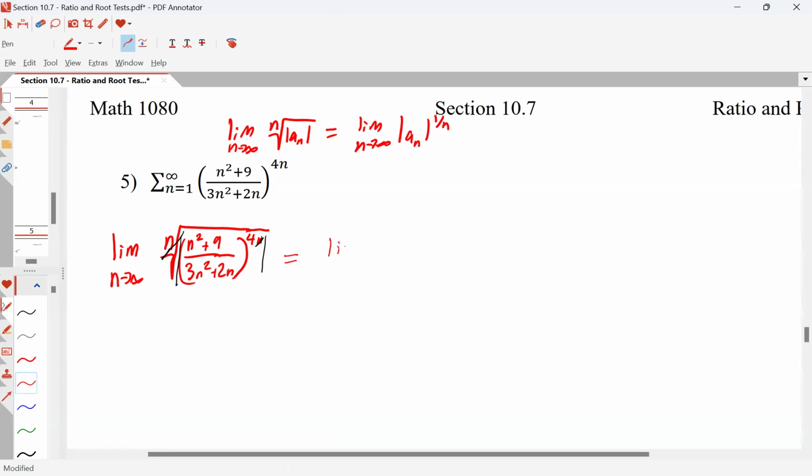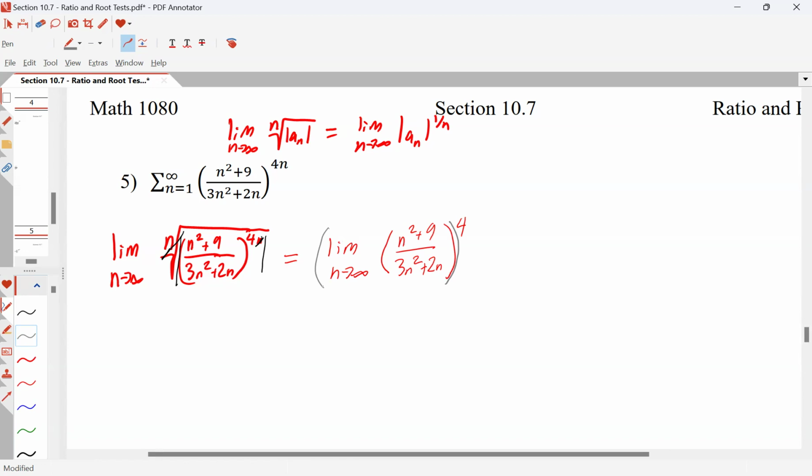So we get this to be the limit as n goes to infinity of (n squared plus 9) over (3n squared plus 2n), all to the 4th. And because we no longer have an n in the exponent, we can take the limit of that inside piece and then raise it to the 4th.